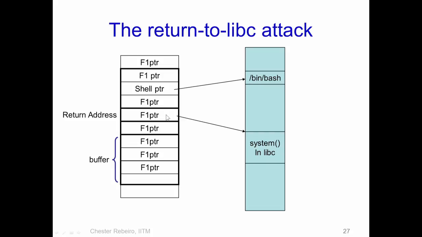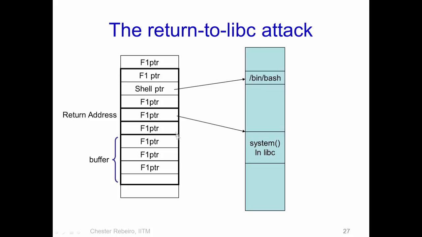So, essentially it requires two things. One is the return address in the stack to be modified with the address of the system call which is present in Libc, and also the parameter passed to the system function should be present on the stack. So, in this case it is a shell pointer which points to this particular string /bin/bash.